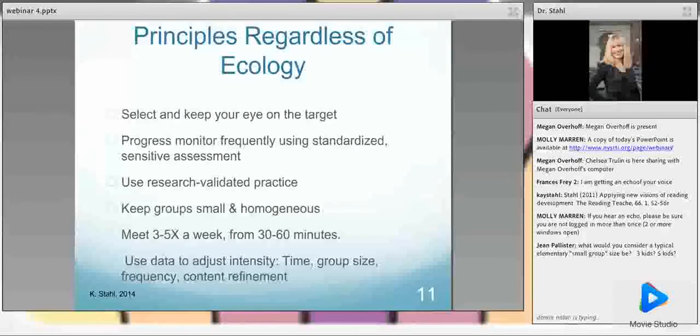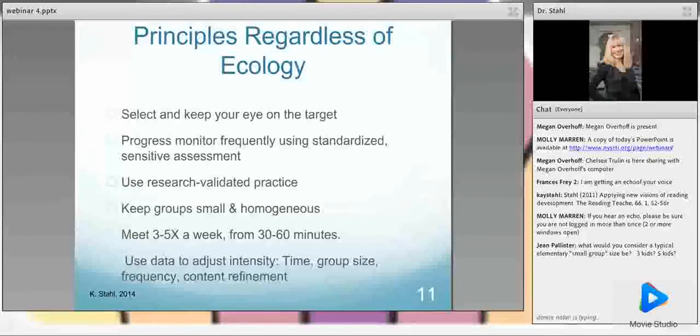However, you must recognize if you stretch the group, you're going to be minimizing the outcome. Ideally, they should be 4 to 6. In Tier 3, they should be individualized or at the most 3 children with very homogeneous needs.